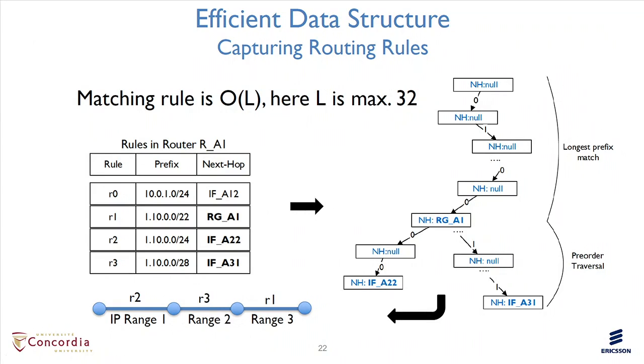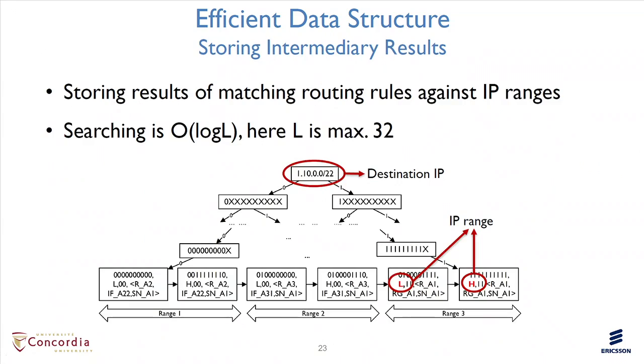Once we have these IP ranges, we store the results of matching routing rules into an XFAST binary trie. Again, we are using this XFAST binary trie because of its efficiency in searching and insertion. And the leaves of the XFAST binary trie store different values for the verification process.